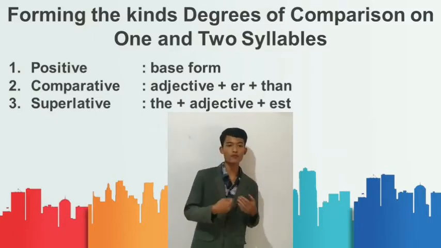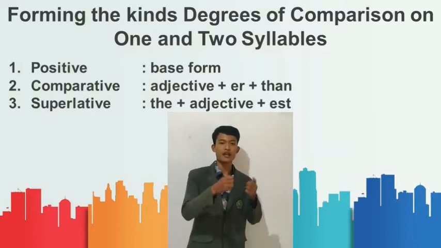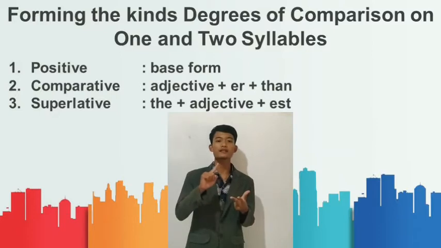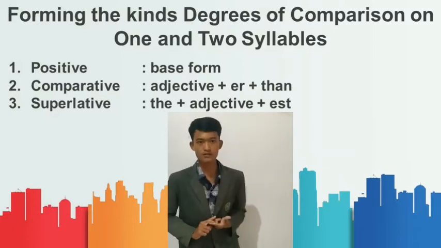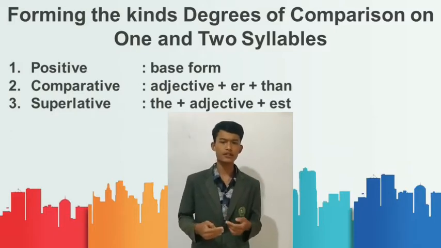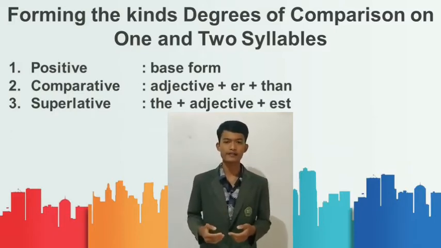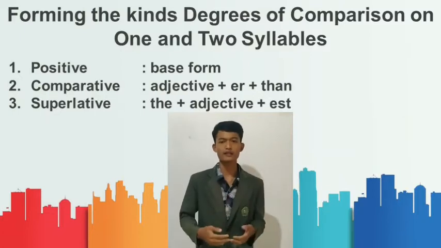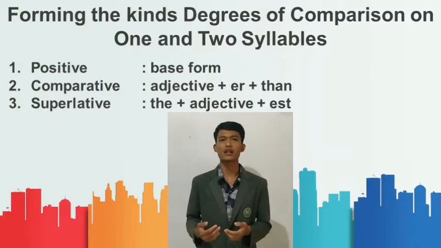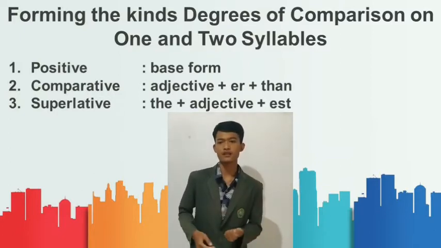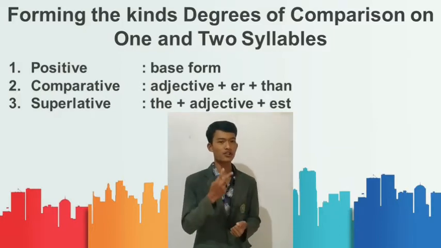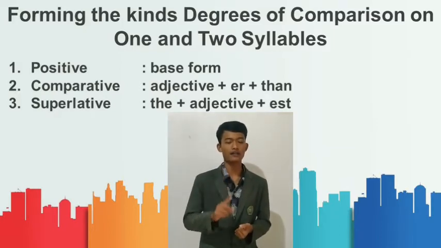The comparative form is made like this: adjective plus er and then plus than. If the adjective has y at the end of the word, something like easy, E-A-S-Y, we must change the y to i.